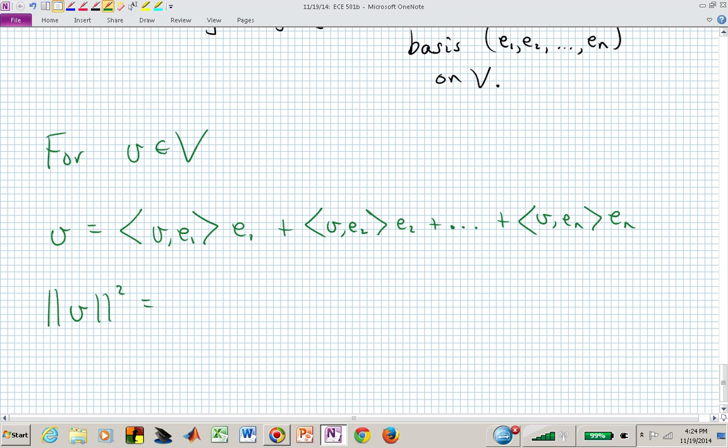What would be on the right-hand side, or how could we rewrite that norm in terms of pieces that are in that expression for that decomposition of V? Do you remember?